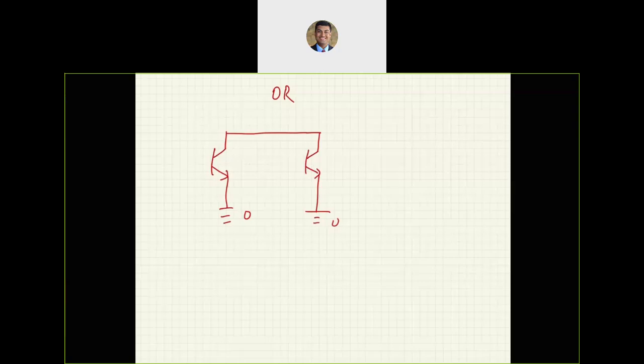We have two inputs. This is R, one pull-up resistor, 5 volts. Take the output from here and feed it into a NOT gate.